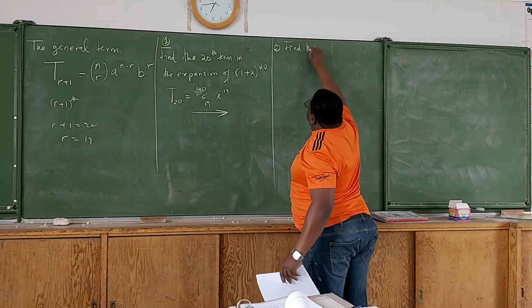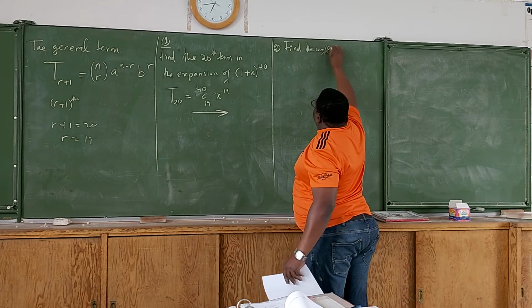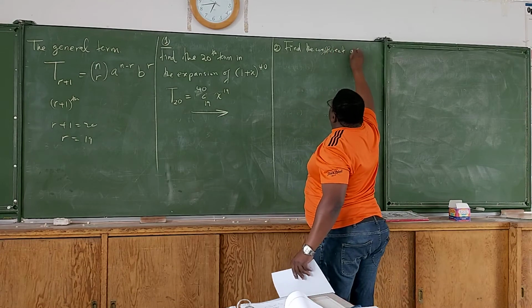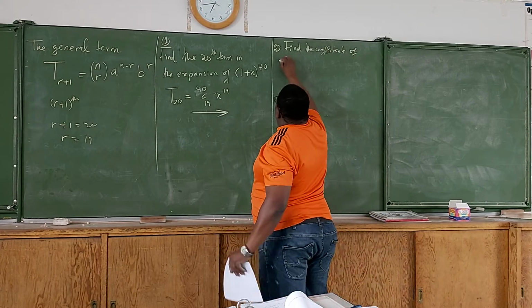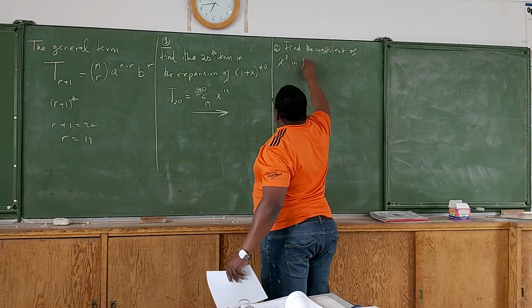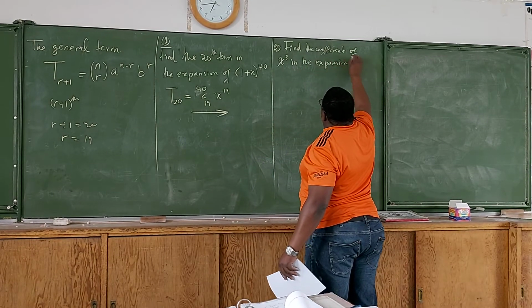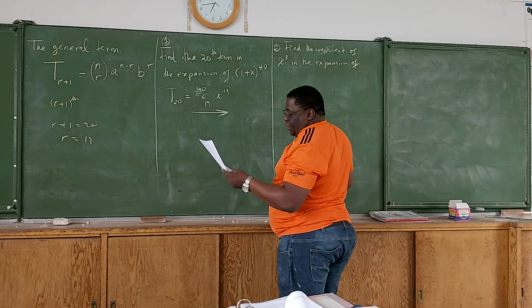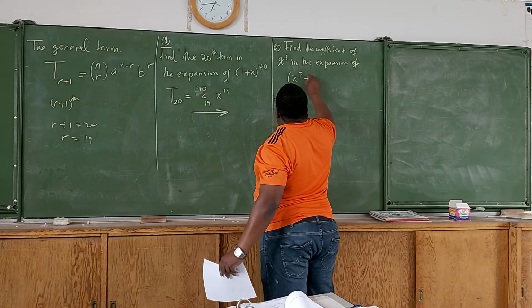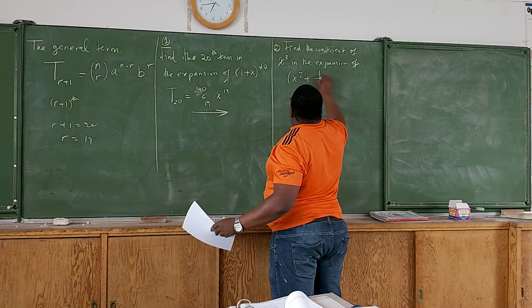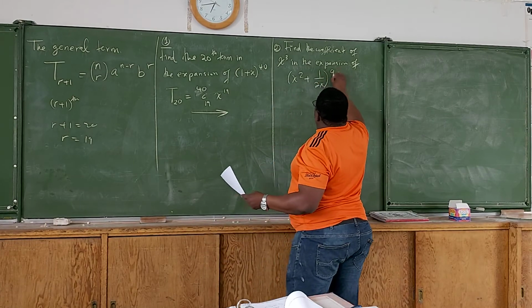Find the coefficient of x cubed in the expansion of the quantity x squared plus 1 upon 2x raised to the 9th power.